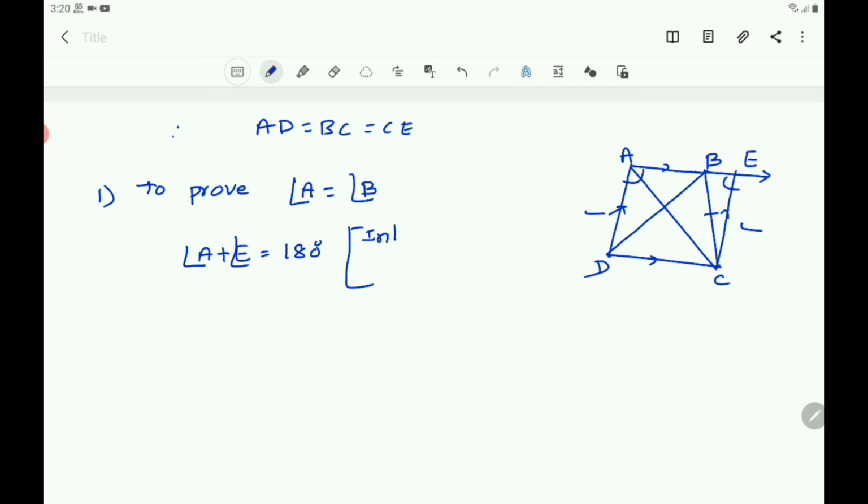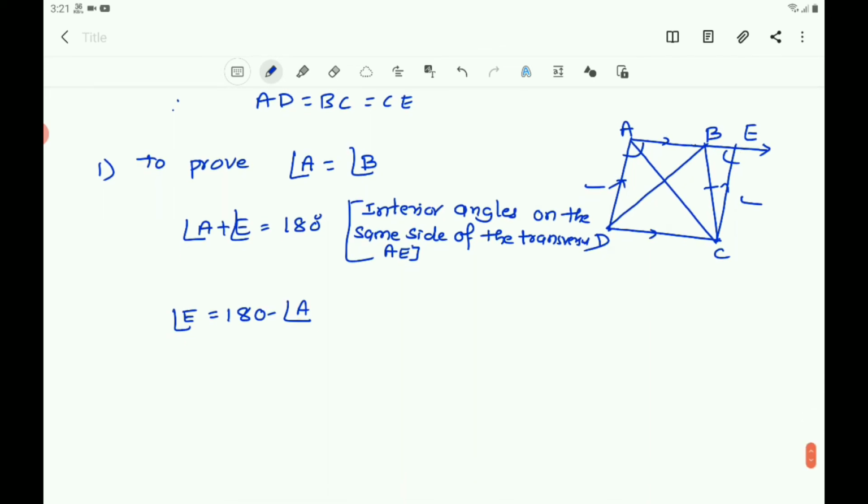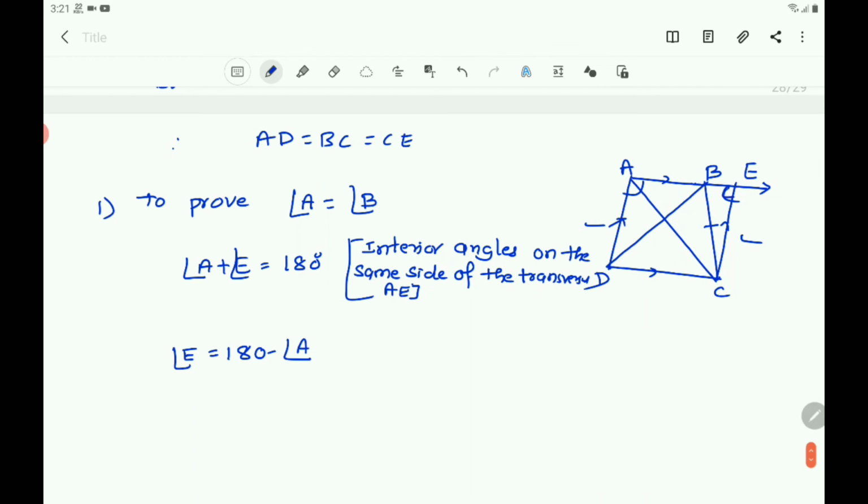So write interior angles on the same side of the transversal AE. So here angle E equals 180 minus angle A.